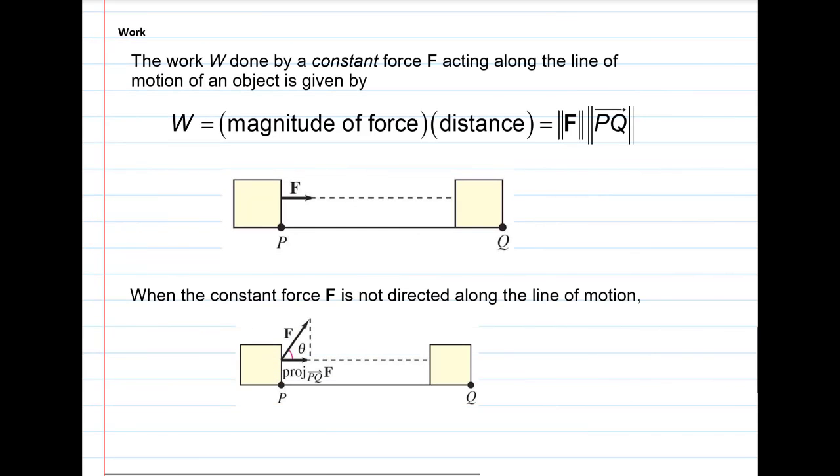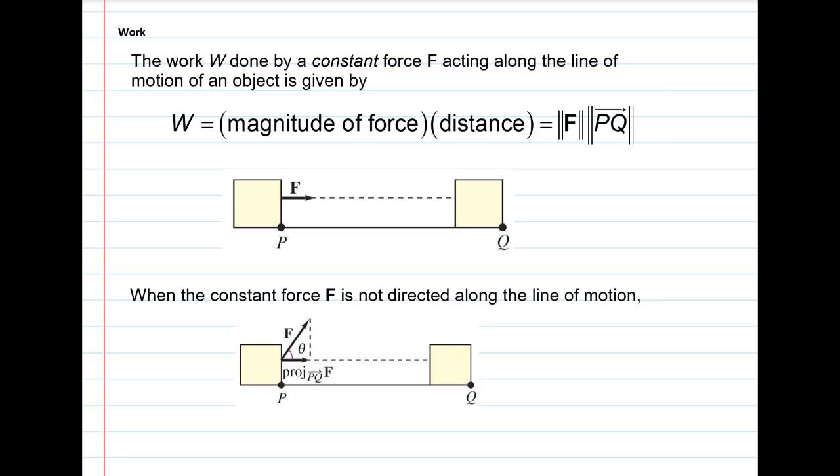But what happens when we have a force that is not parallel to that vector or to the surface there, and we have instead a force that forms an angle with the horizontal, which we call theta? Well, to be able to use the formula we had above, we're going to need the horizontal component of that force.